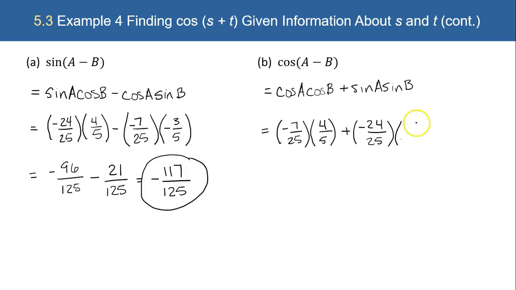And then sine of B, it's negative 3/5. Now that we have all of those values combined just like we did over here to get negative 28 over 125 and 72 over 125, and that adds to 44 over 125.